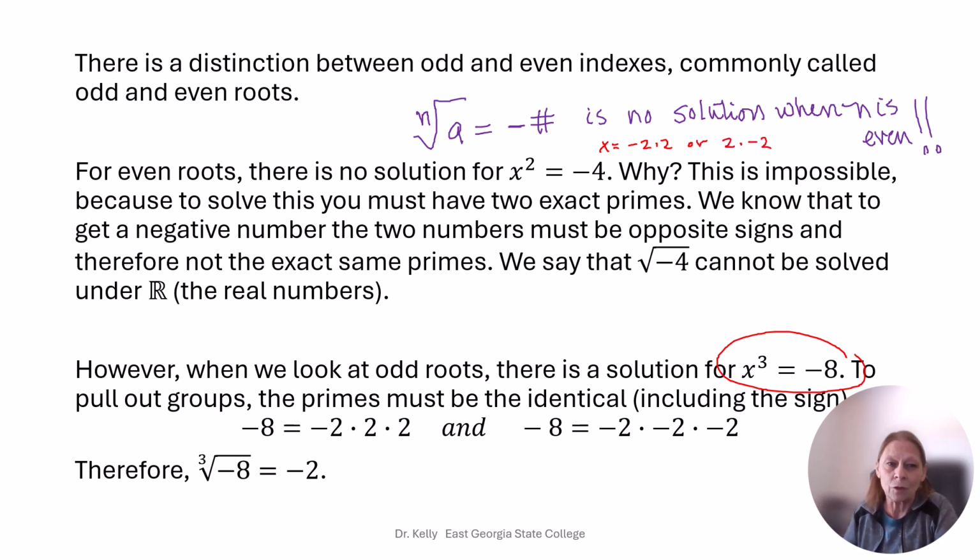Never the same here. So how can we figure out -8? Well, -8, how can we multiply that out? Well, it could be -2 times +2 times +2. That equals -8. But these are not exact primes because the signs are different.